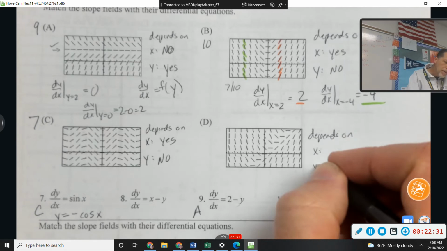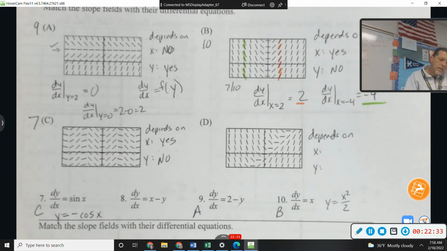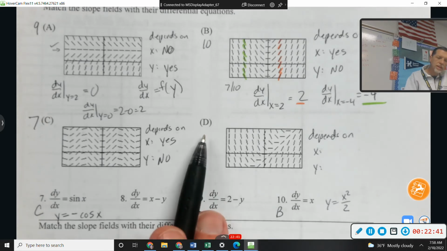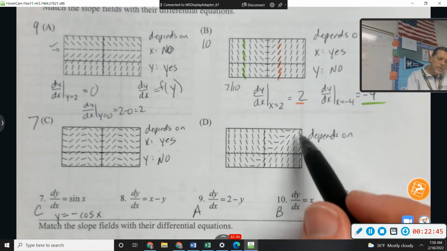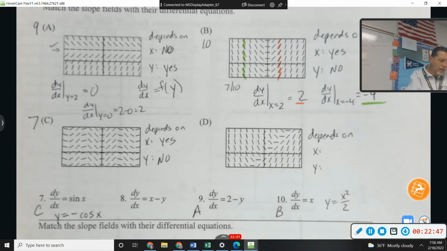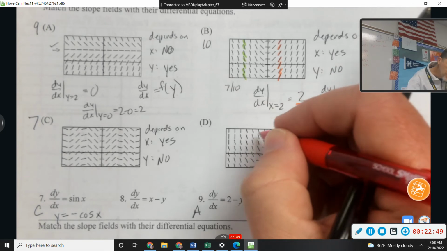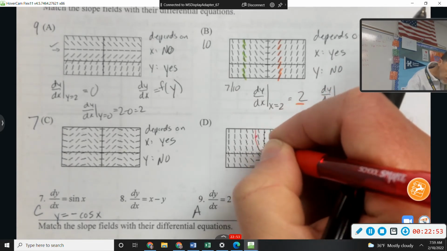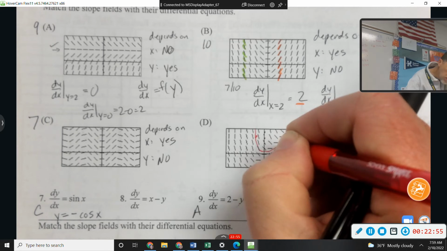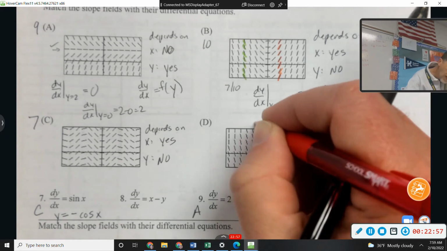Well, D kind of looks like just an x, like the slope of x. It's just like a line, isn't it? Well, this one's a line, but the rest of this, like if we picked a point in there and followed the slope field, you get something like that.